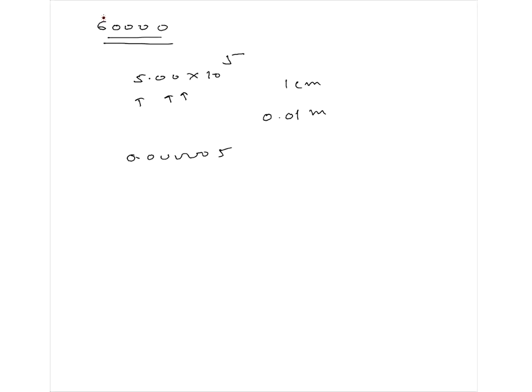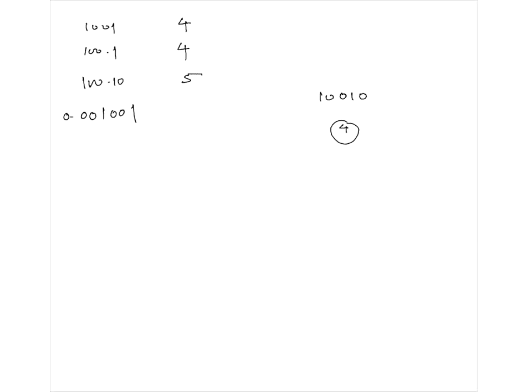Answer is 1, because it is written as 6 into 10 to the power 4. Significant digit is only 6. Regarding this, yes, zeros are ignored. If this is 0 and these are also zeros, yes, so 4 should be correct for this.